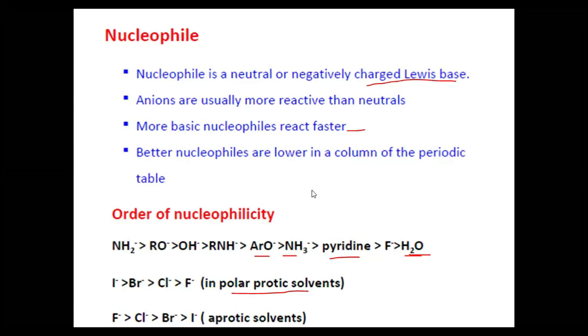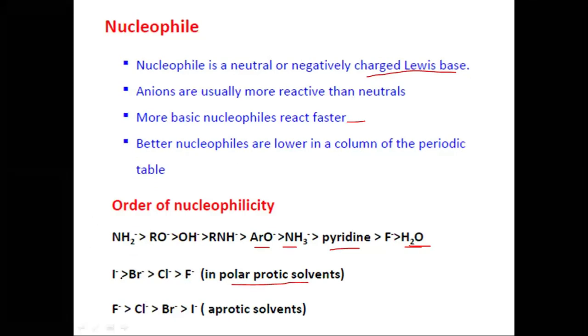So in this case, the trend is based on the usage of polar protic solvent. Suppose in the same reaction, you are trying to use I minus as a nucleophile for the nucleophilic substitution reaction, and instead of using the polar protic solvent, you are planning to use an aprotic solvent.